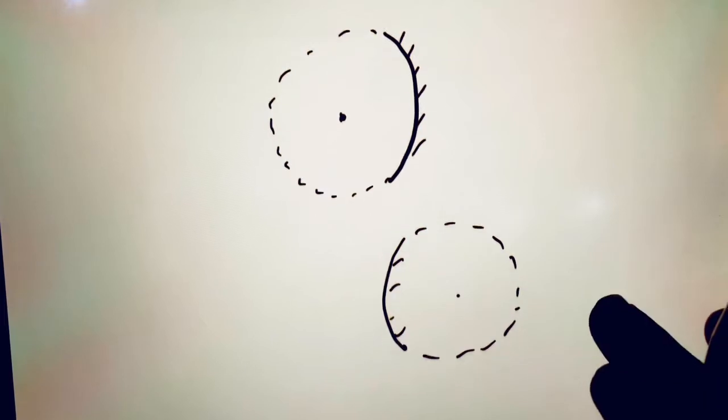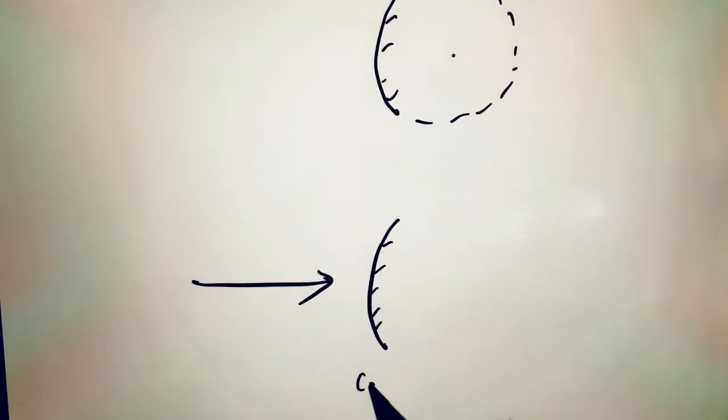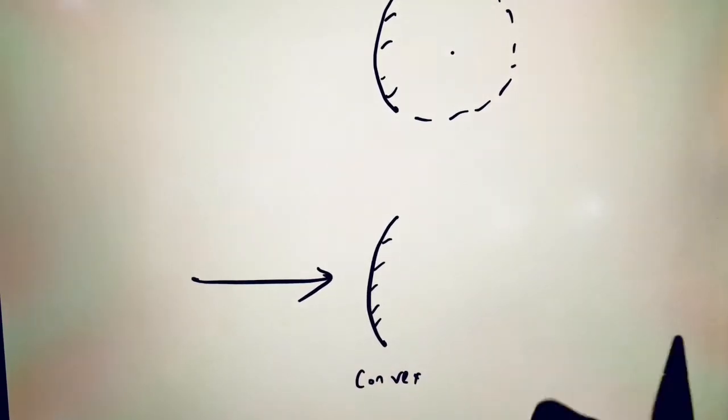A spherical mirror, as you see here, has two basic shapes. You have one spherical mirror where the outer side is silvered, so that this is how the light will strike the mirror. This mirror is bulging out, and this is called a convex mirror.